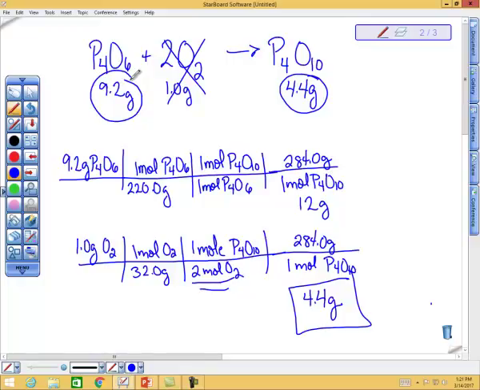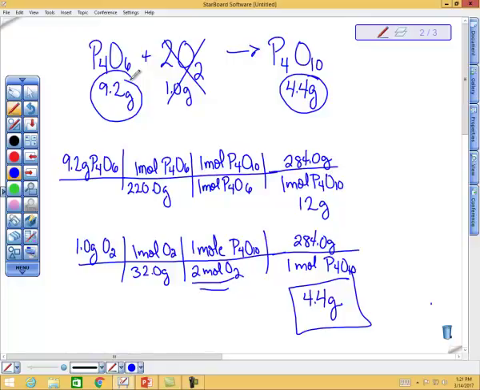So to figure out what is left over in the reaction container, you pretty much know that all of the P4 is gone, all of the oxygen is gone. You made 4.4 grams of P4O10, and there's a little bit of P4O6 left. And you can actually, if you wanted to, do the math for that one.